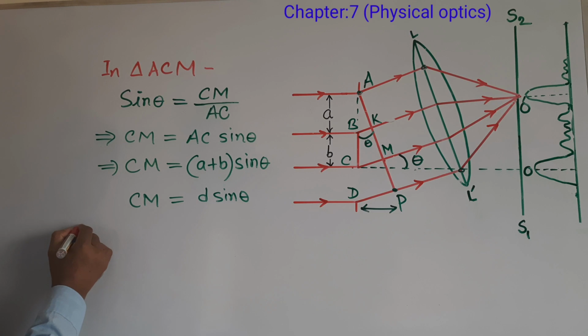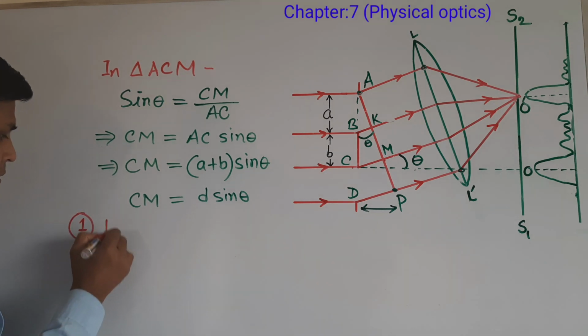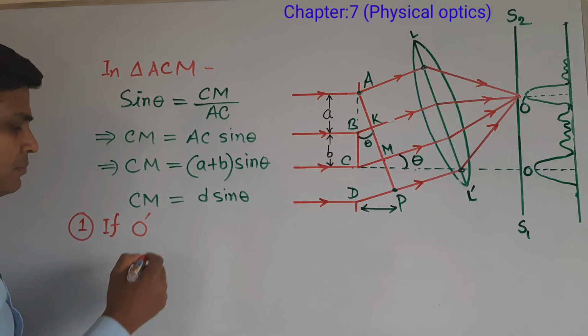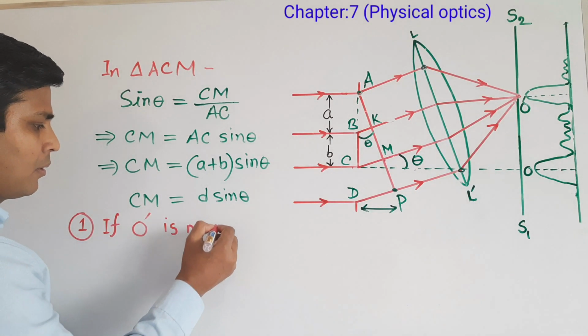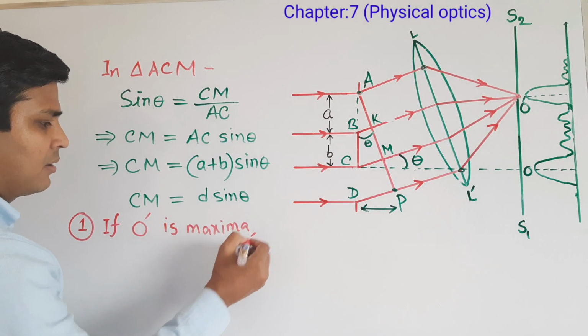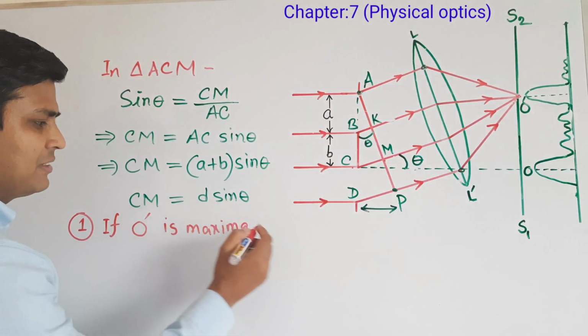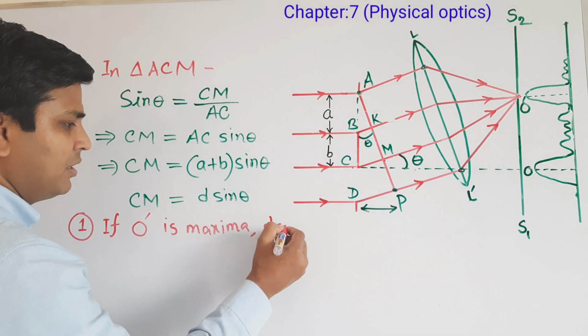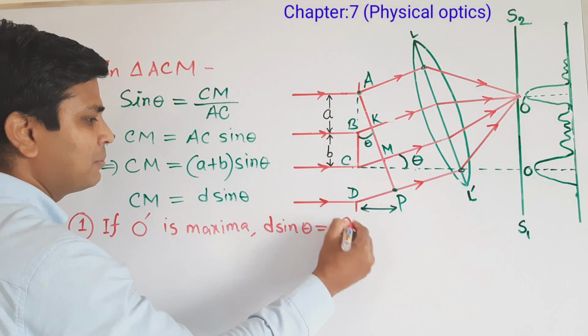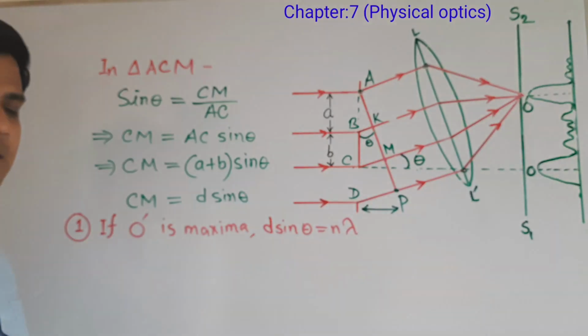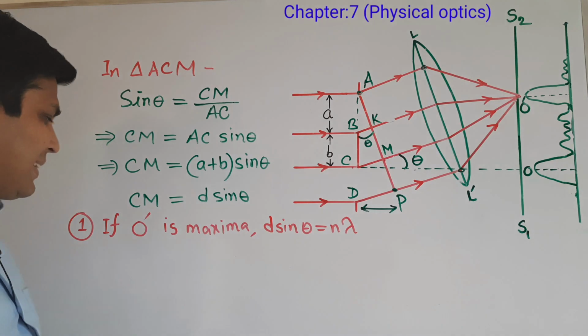Now, condition number 1. If O prime is maxima, then the path difference, that is D sine theta, will be n times the wavelength lambda. This is the formula to get the maxima.